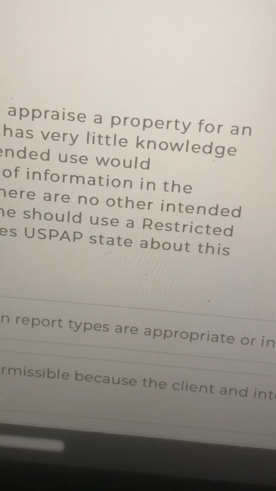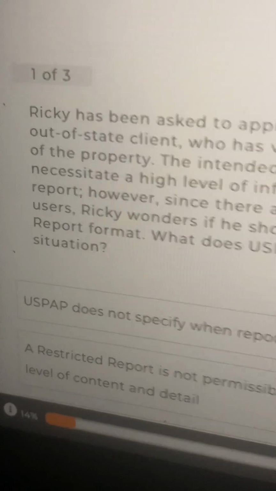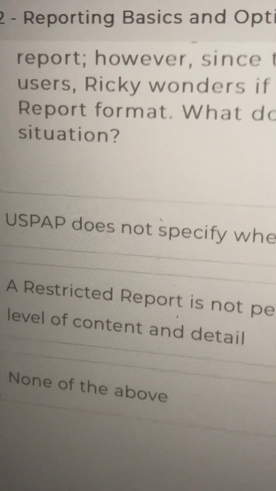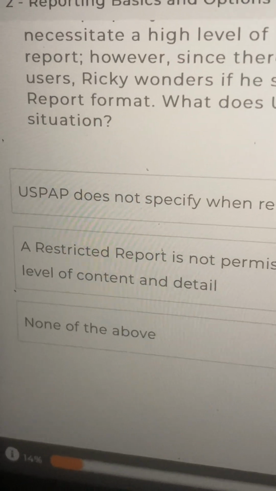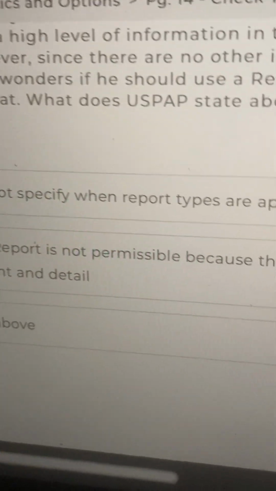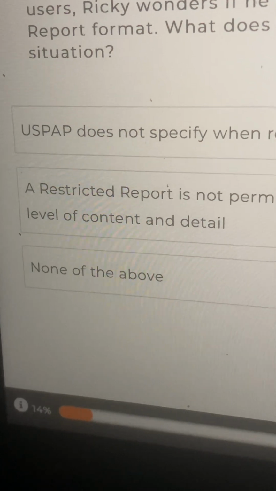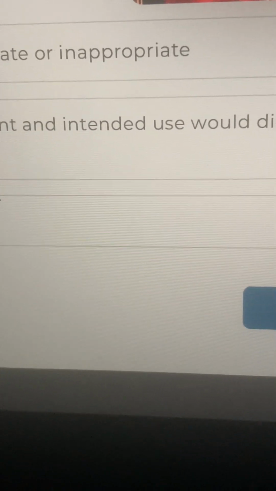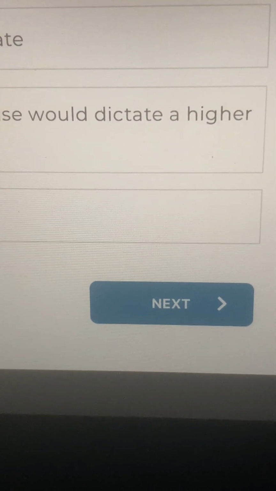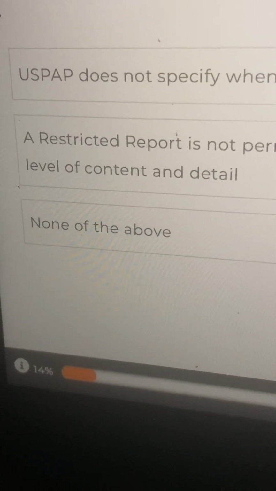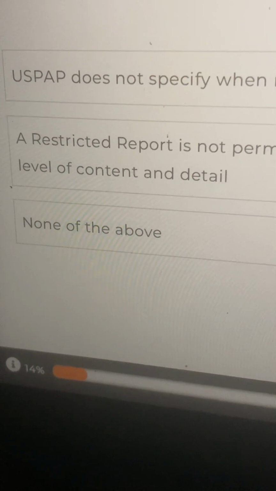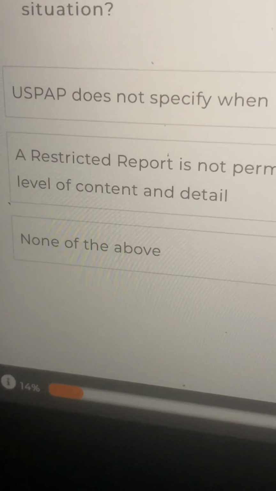What does USPAP state about this situation? A, USPAP does not specify when report types are appropriate or inappropriate. B, a restricted report is not permissible because the client and intended use would dictate a higher level of content and detail. Or C, none of the above. I'm going to go A.